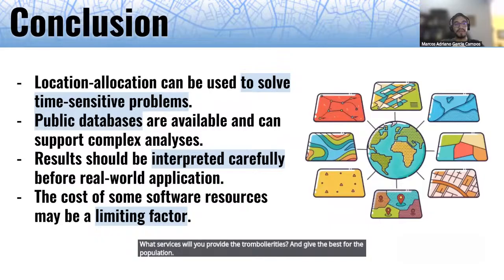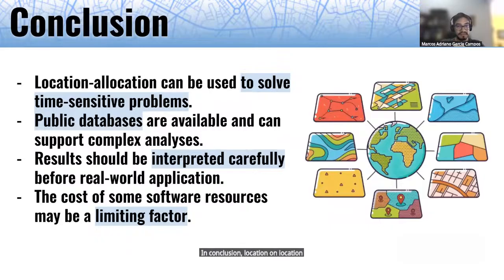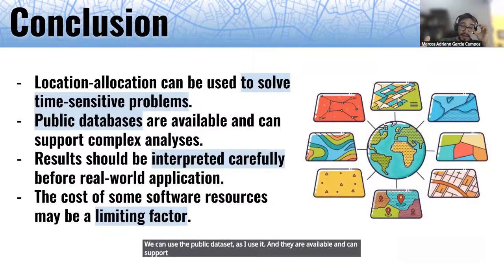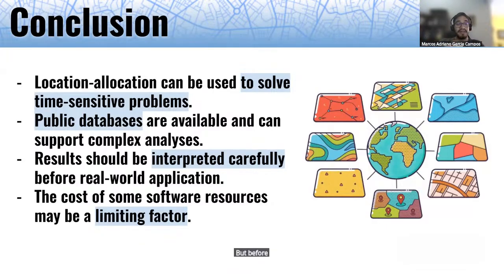In conclusion, location-allocation can be used to solve time-sensitive problems. We can use a public dataset as I used, and they are available and can support complex analysis. But before we implement the results, they need to be interpreted carefully before real-world application.